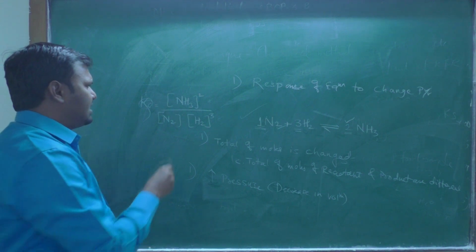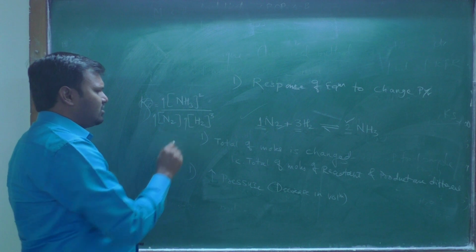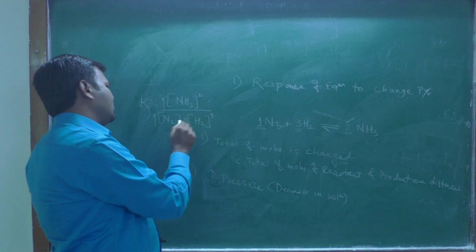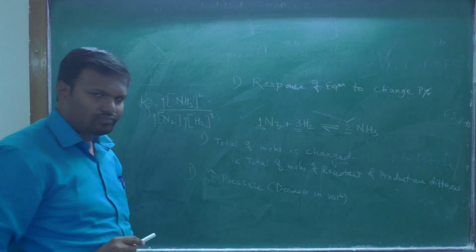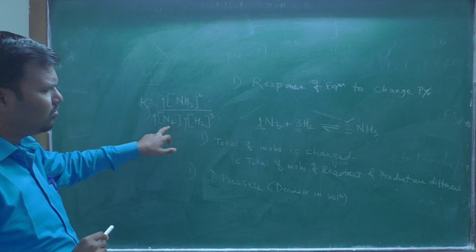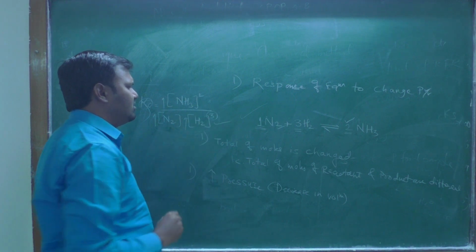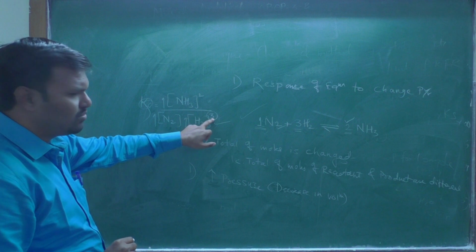If you increase the pressure, you find that the denominator quantity increases due to its exponent being 3. The more the exponent, the more the product increases.